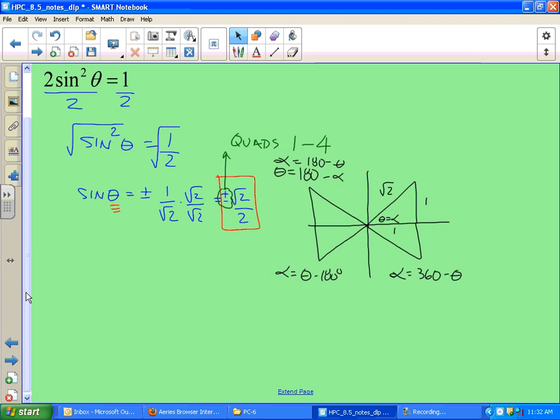So we can say theta 1, which is this angle, we'll call a 45-degree angle. And theta 2, which is this relationship, is 180 minus a 45-degree reference, so it's 135 degrees.